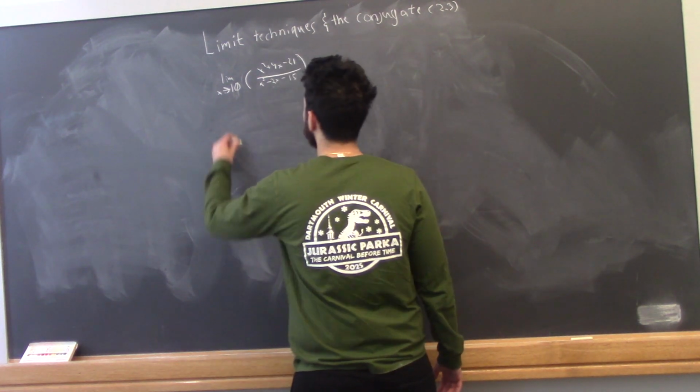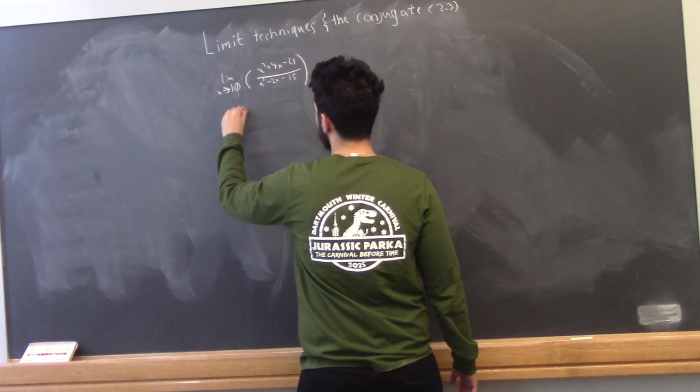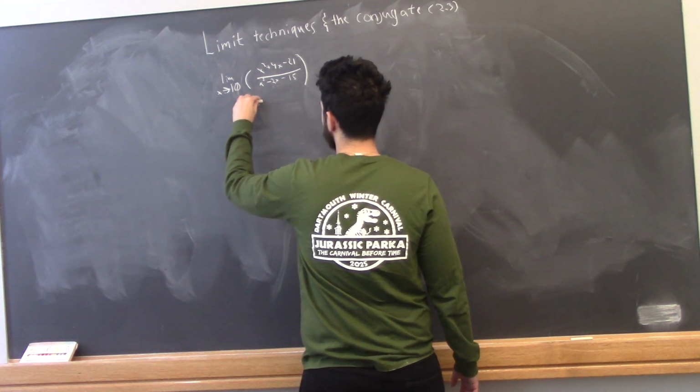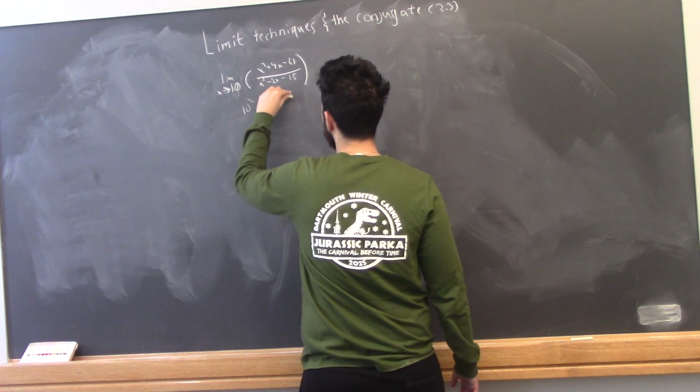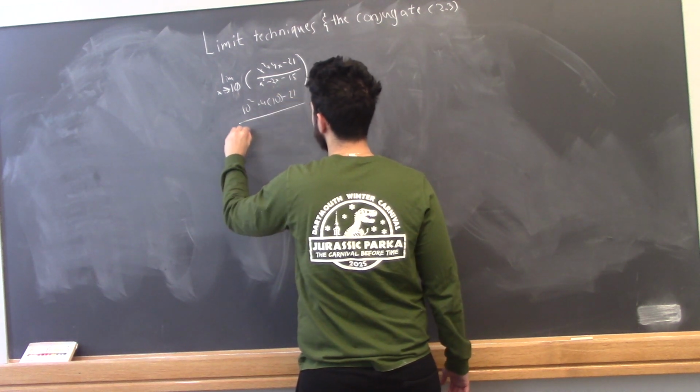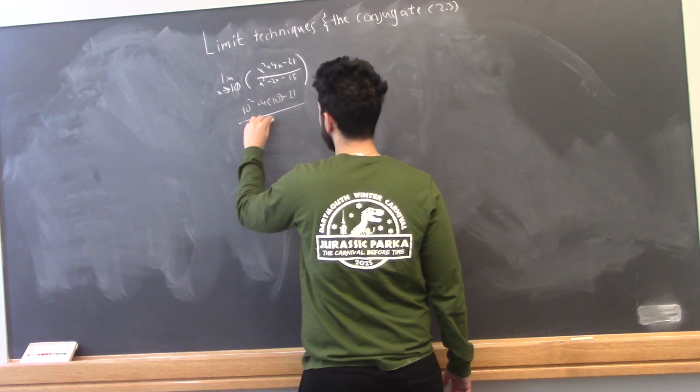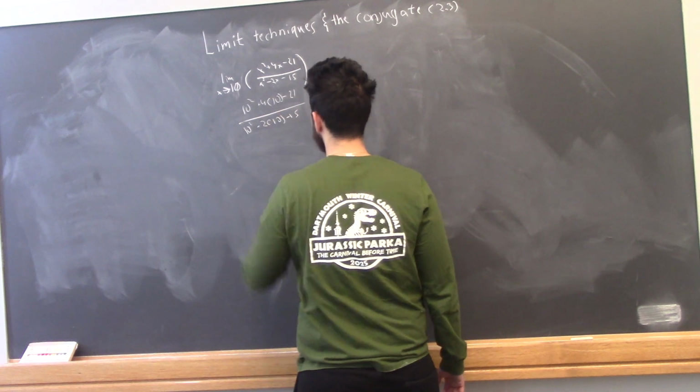Alright, now that you've finished it, let's go through it. Your first step should have been to just plug it in, right? You get 10 squared plus 4 times 10 minus 21 over 10 squared minus 2 times 10 minus 15.